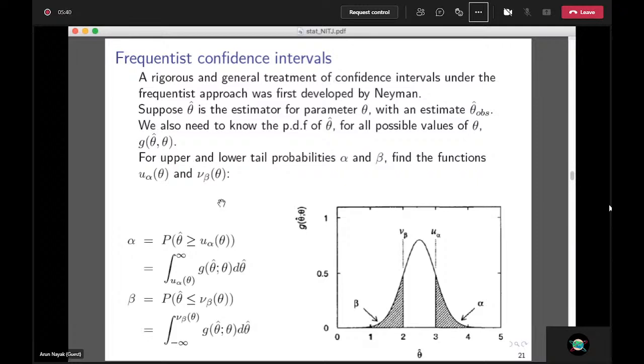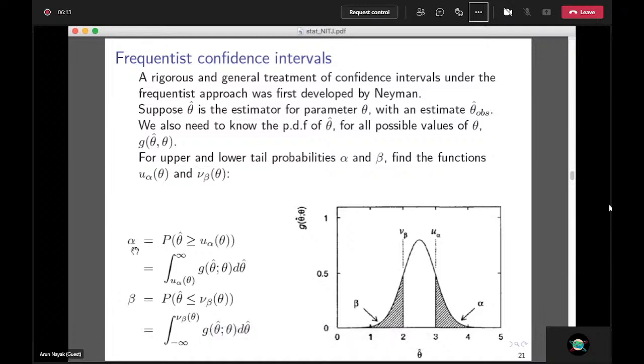So this is suppose the PDF. Now you find the upper and lower tail probabilities. You define two regions, the region above u alpha and the region below v beta, so that the probabilities alpha and beta are given as follows.